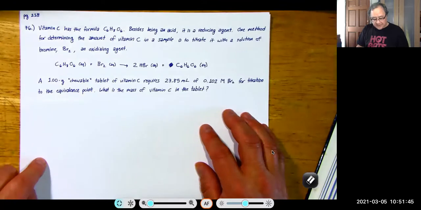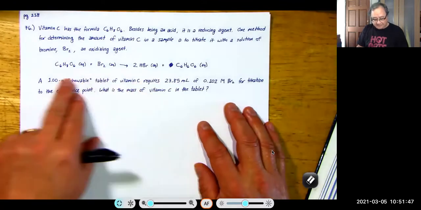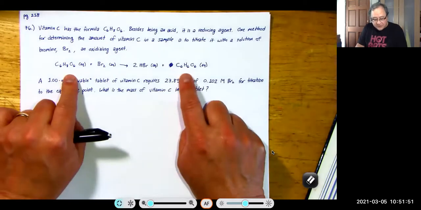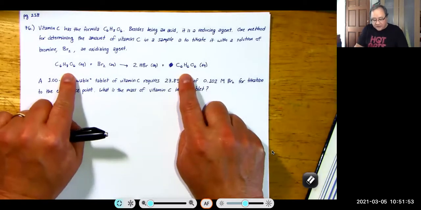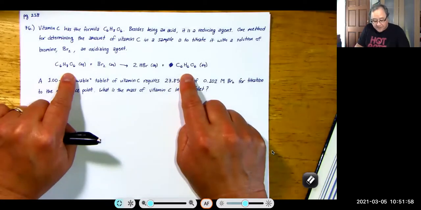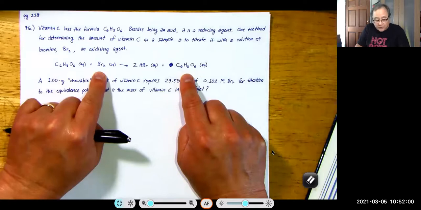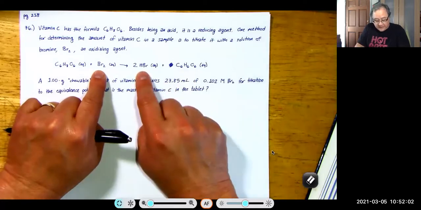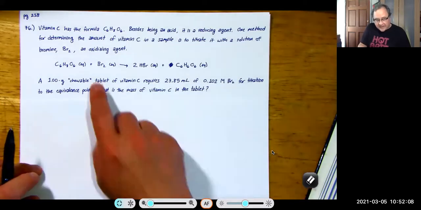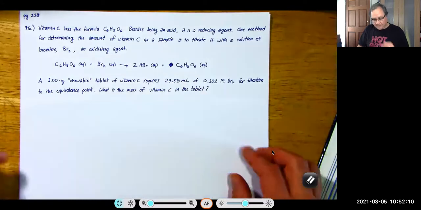Okay, so nonetheless, here's the reaction. And here, this is what the vitamin C turns into. And here you can tell that it's been oxidized because it has lost hydrogen. You can tell this one has been reduced because it has gained hydrogen. That's another way to tell if you have a redox reaction, is if certain things gain hydrogen and other things lose them.